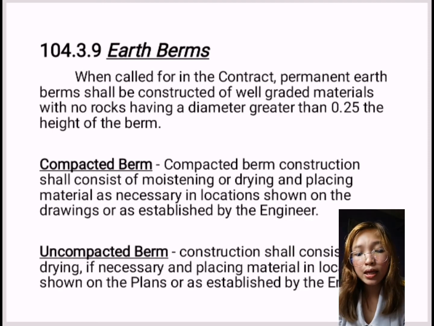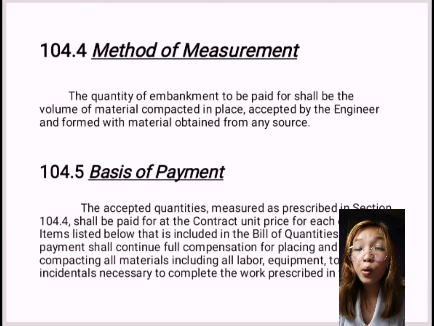So next is item number 104.4, or the method of measurement. So the quantity of embankment to be paid for shall be the volume of material compacted in place, accepted by the engineer and formed with material obtained from any source.